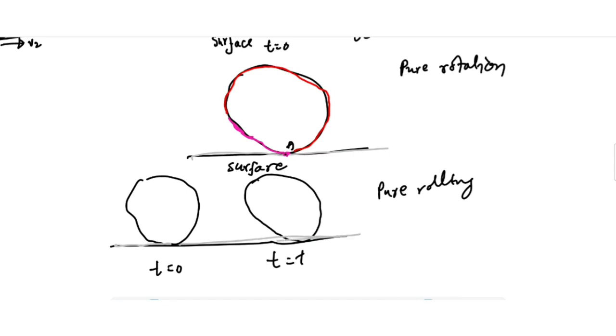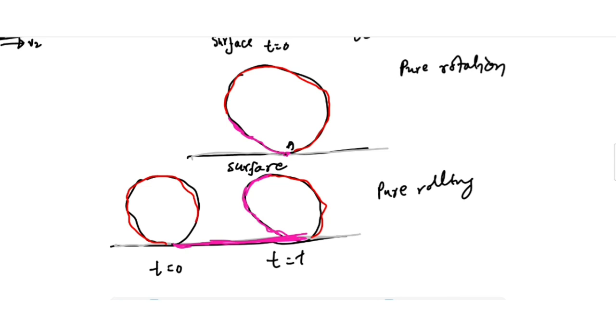After it has traveled to time t equal to t, this part will be pink in color, and since the object has also rotated, a part on its circumference will also be pink in color. And if it has not rotated a full turn, the remaining part will be red in color.